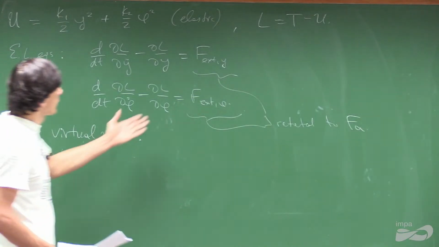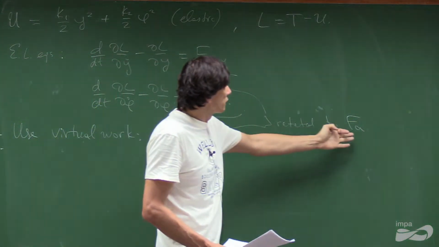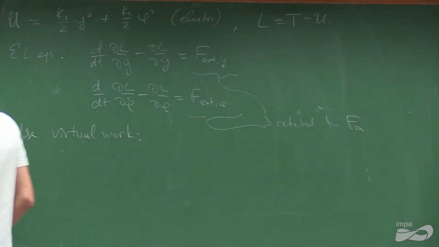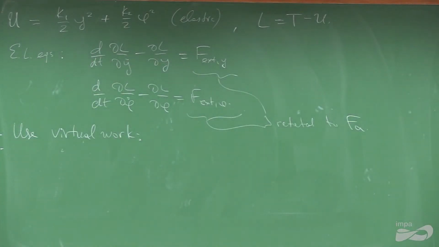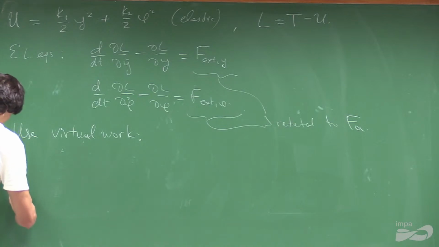So we will write the virtual work in these coordinates and the virtual work of the force in the coordinates that we know. So what we do, we have this our system, right?